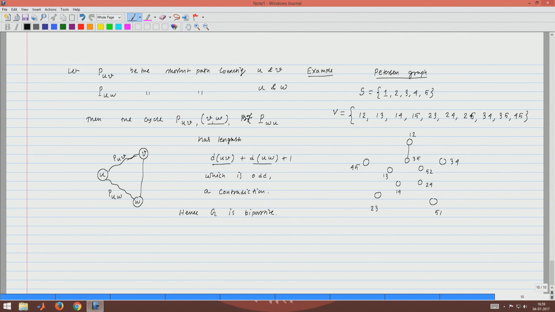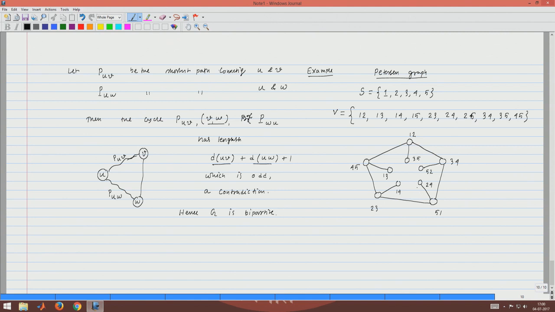There will not be an edge between these two vertices, because the intersection of these two sets is not null, but there will be an edge here, here, here, and also 12 and 45 are disjoint sets. 23 and 51 are disjoint, 15 and 34 are disjoint, 12 and 34 are disjoint.